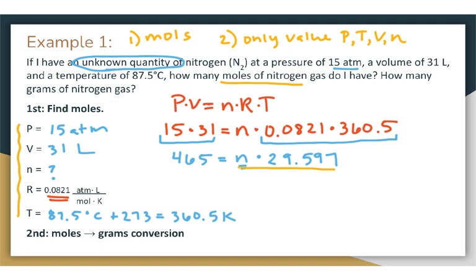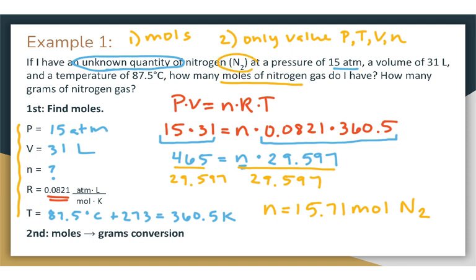I can do that by dividing both sides by 29.597. And when I do that, 465 divided by 29.597, I can find that value of N. So N equals 15.71 moles of nitrogen gas.